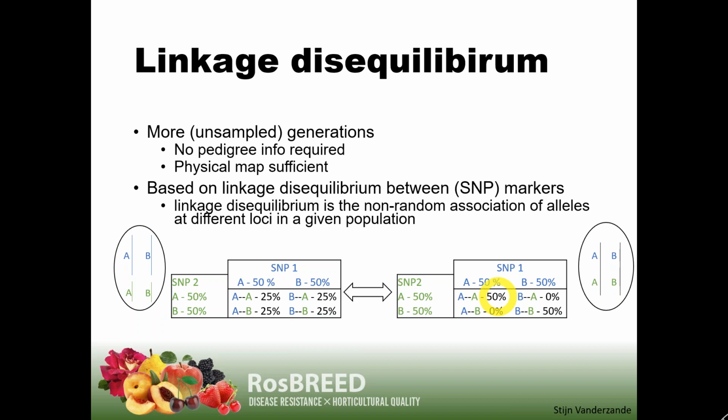It's a simple way to put it. And so if you know one allele and you can readily determine what the other allele is for the second locus based on the allele of the first locus, that means there's a high correlation.